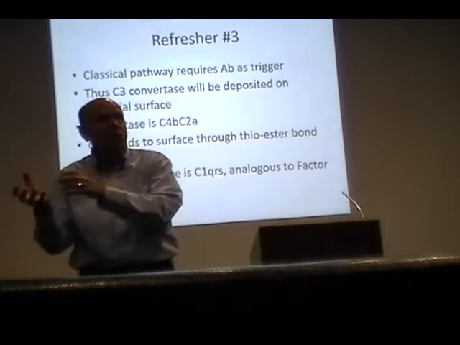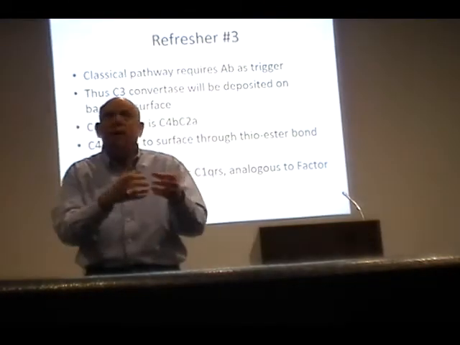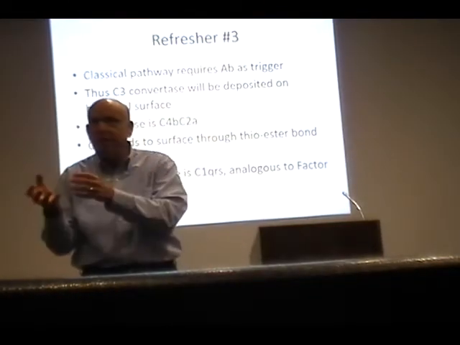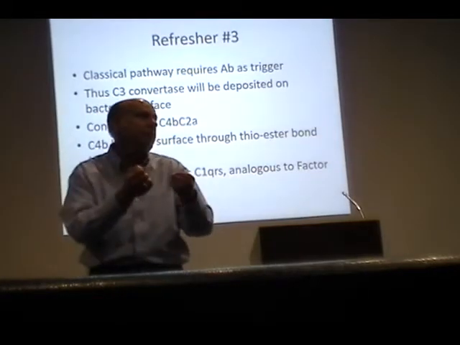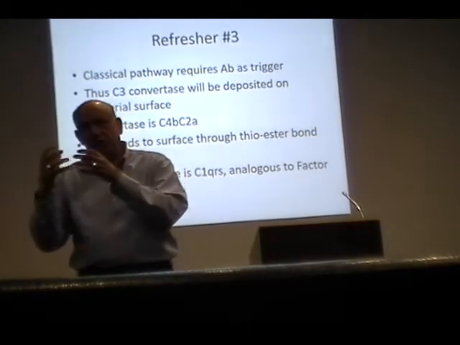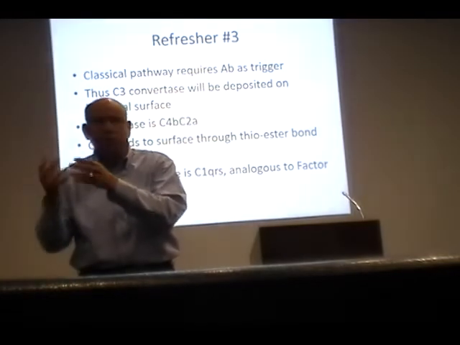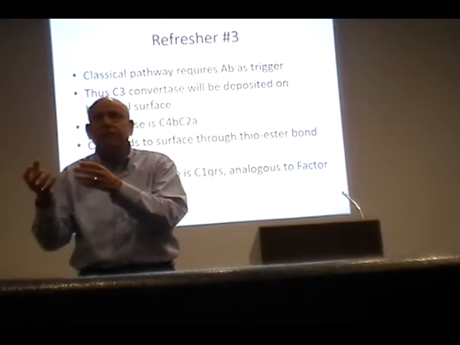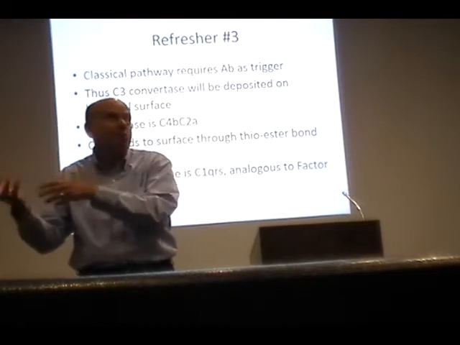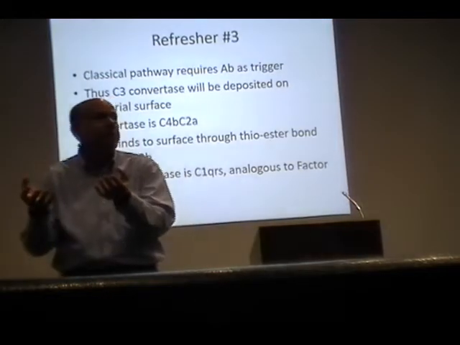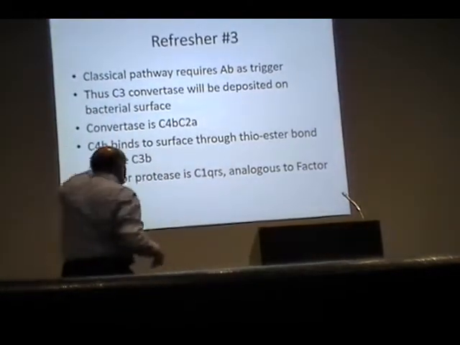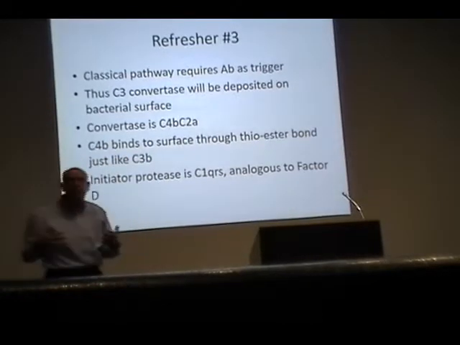We've got a C3 equivalent, that's C4. And more important, C3 has a thioester bond, C4 has a thioester bond. C2 is cleaved into a small and a large part, which has a proteolytic activity. B is cleaved into a small and a large part that has proteolytic activity. Here's our two convertases. We built our two convertases.